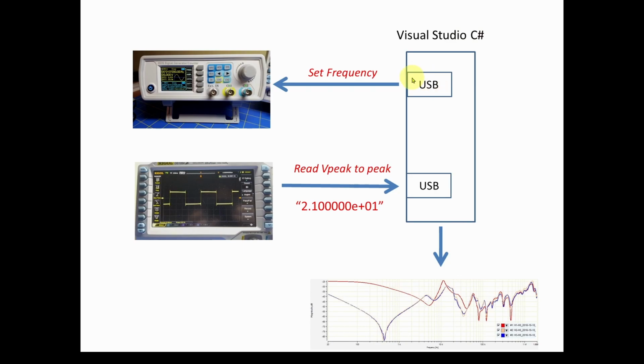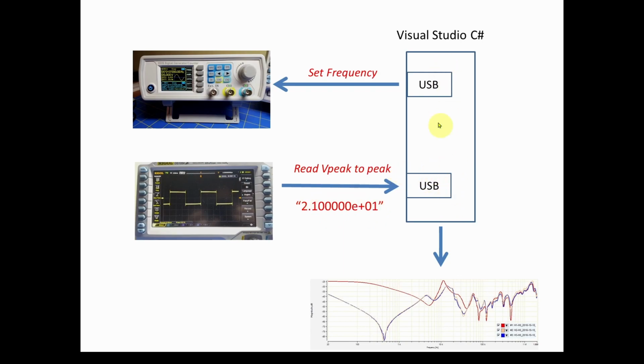And over the USB COM port, we're sending a string that says, okay, set your frequency at each step in the analysis, and every second or every 2 seconds, setting frequency, applying that to our device under test, and then measuring from the oscilloscope. And here we're reading over another USB connection the measured peak-to-peak voltage from the scope, and it's going to be a string like this.